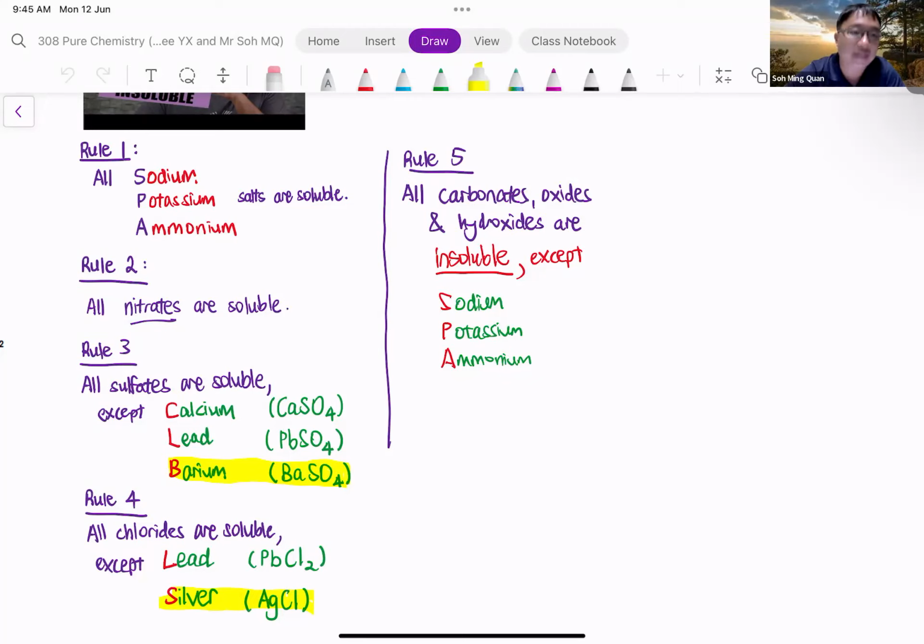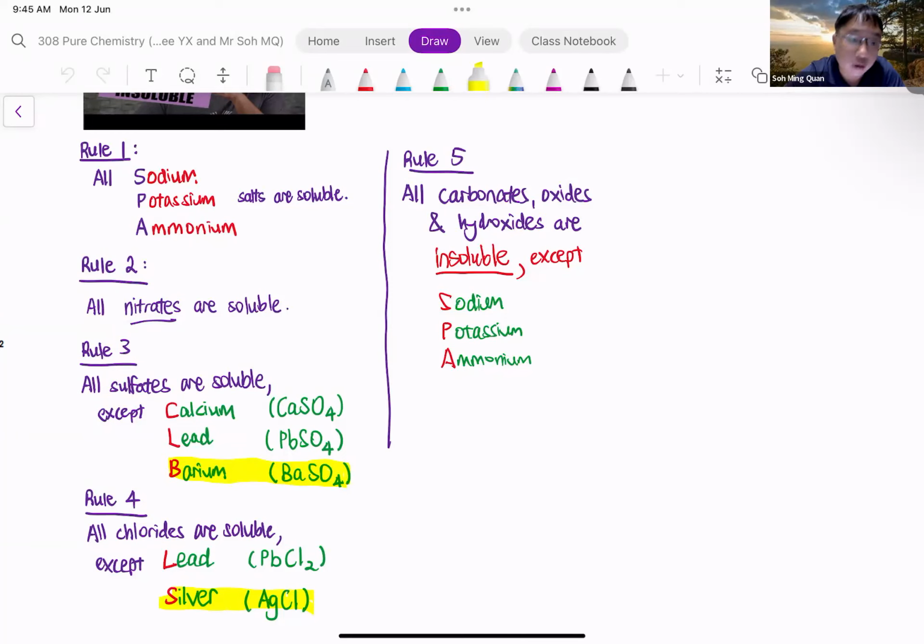Rule number 3 is about sulfates. All sulfates are soluble in water except for calcium sulfate, lead-2 sulfate, and barium sulfate. So, calcium, lead, barium. These are the 3 sulfates which are insoluble in water.